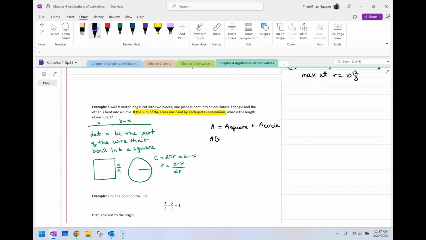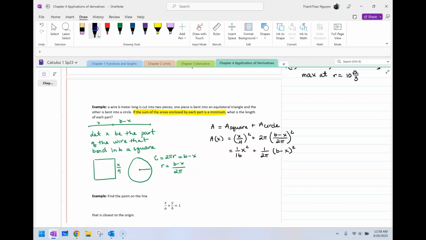So A in terms of x equals (x over 4) squared plus pi r squared, that is pi times ((b minus x) over 2 pi) squared. Simplify this: 1 over 16 times x squared plus 1 over 4 pi times (b minus x) squared.